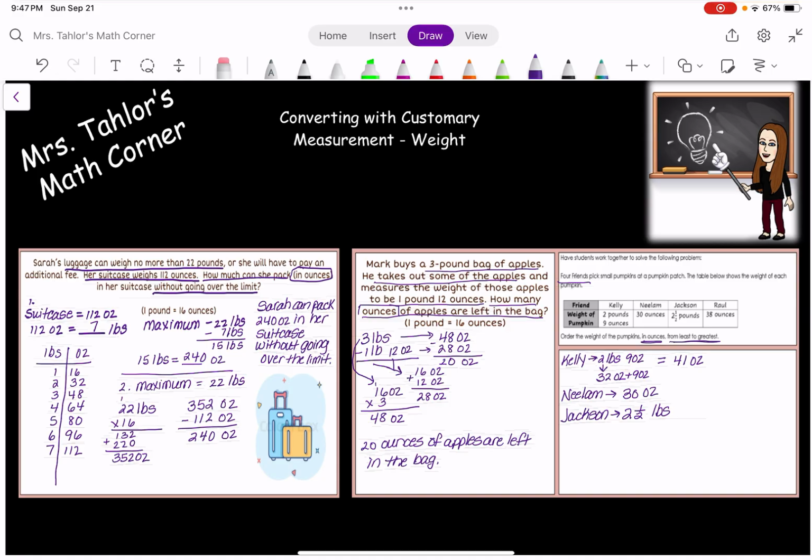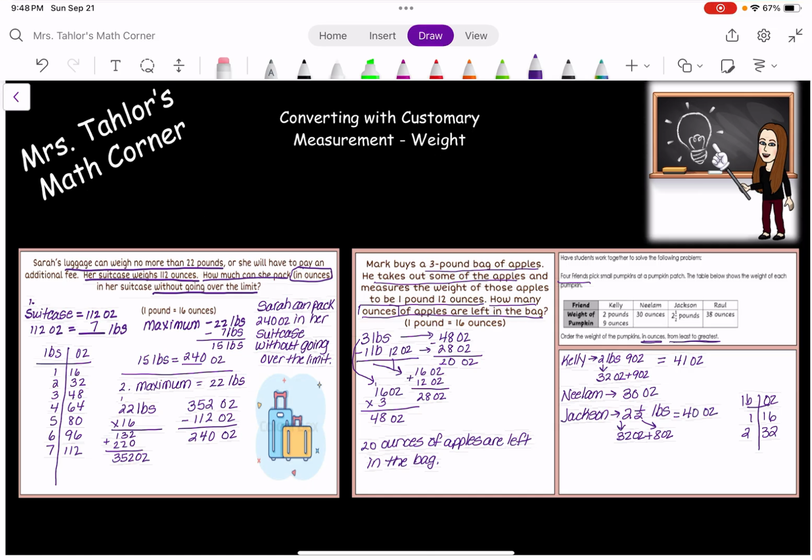I know, once again, from a T-chart, that a pound is 16 ounces. So 2 pounds will be 32 ounces. Well, Jackson has 2 pounds, so the 2 pounds convert into 32 ounces. And then the half a pound, if 1 pound is 16 ounces, then a half a pound is 8 ounces. And if I add 32 plus 8, that gives me 40 ounces.